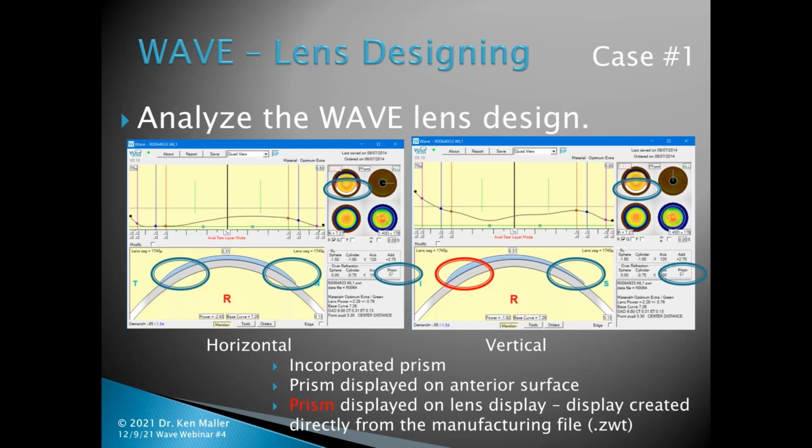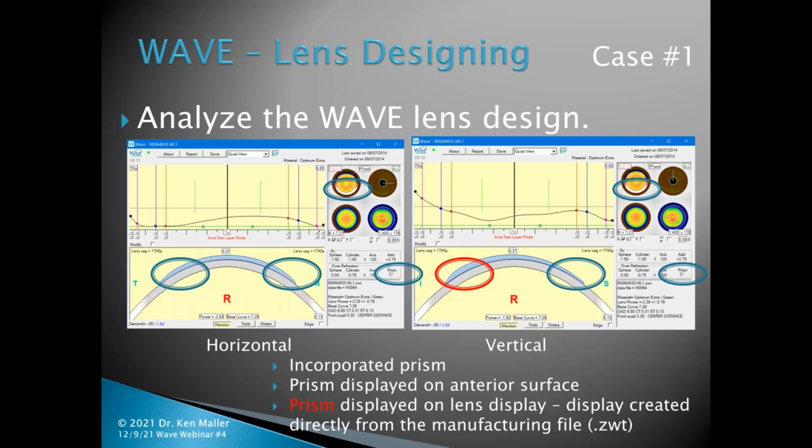Now, some people think that that's actually just a pretty graphic showing a lens on an eye, but it actually is not. What it is, is that the gray that turns into white, lower arc that we see on that screen is actually created directly from the topography data that's been fed into WAVE. So that is an accurate representation or a template of what the patient's eye really looks like.